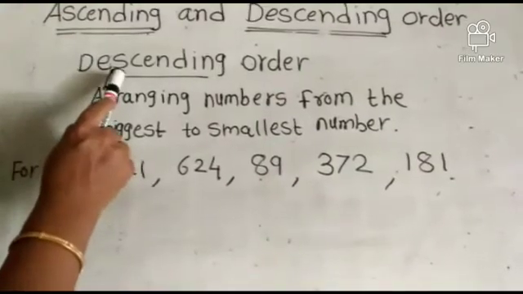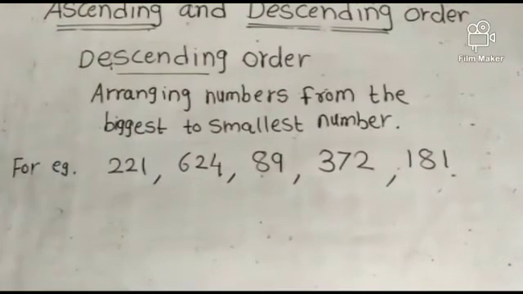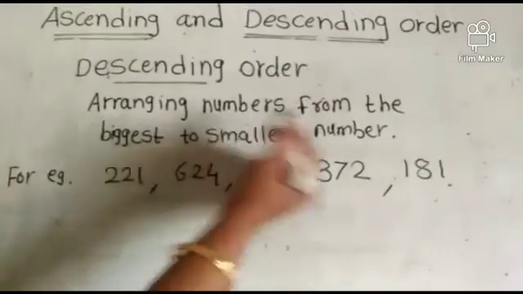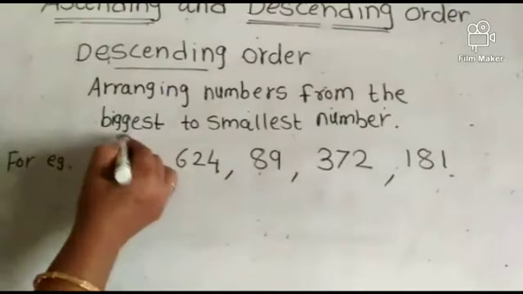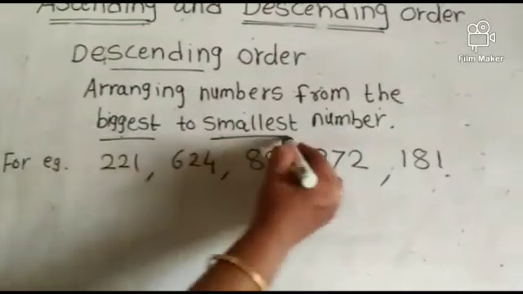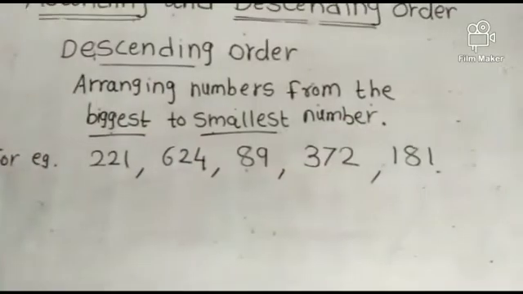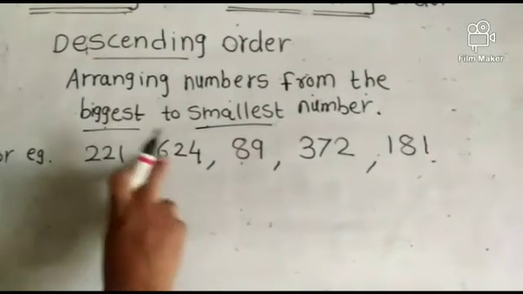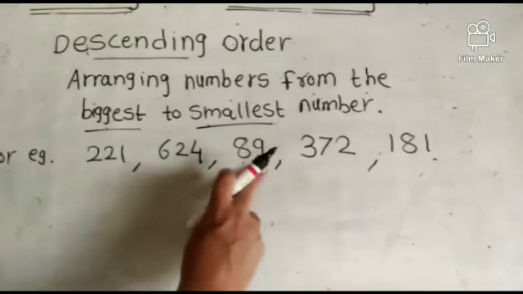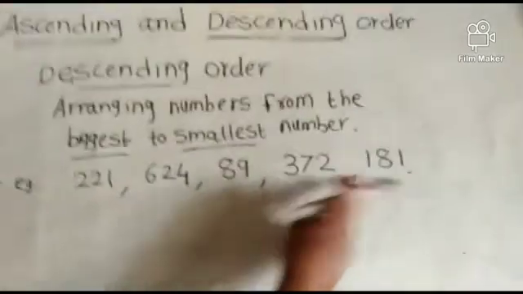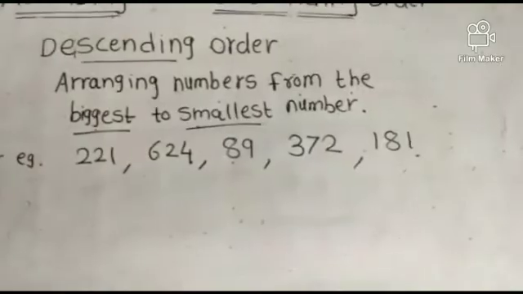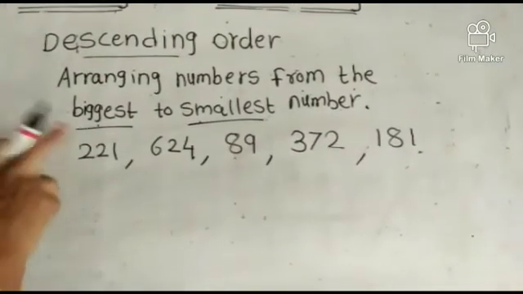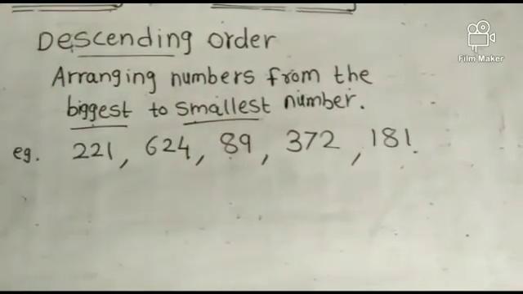Now, we will learn descending order. Descending order means arranging numbers from the biggest to smallest number or order. Here is one example. 221, 624, 89, 372, 181. We have to arrange these numbers in biggest to smallest.